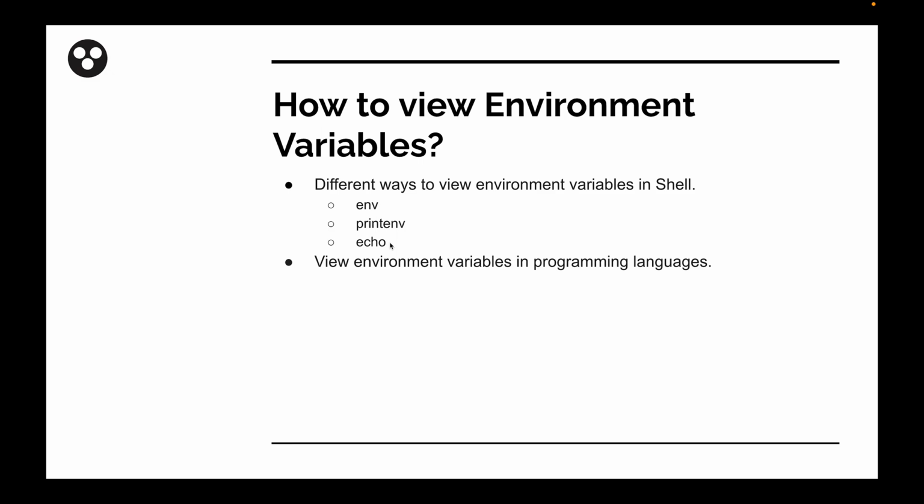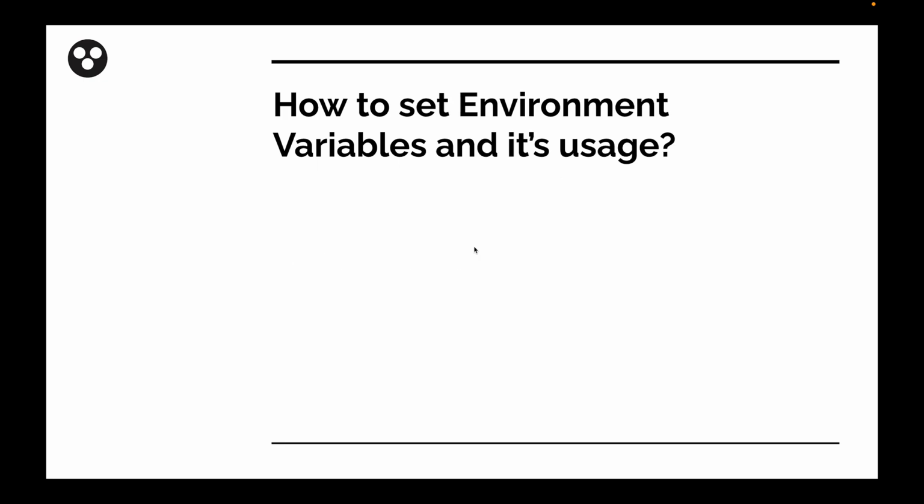So till now we have discussed what an environment variable is, the basics of it, some examples of environment variables, how to view them in different ways, and also how you can access them in a programming language. Next, we will cover how to set environment variables and their usage.